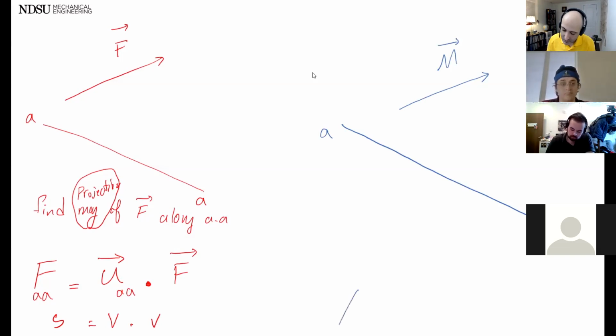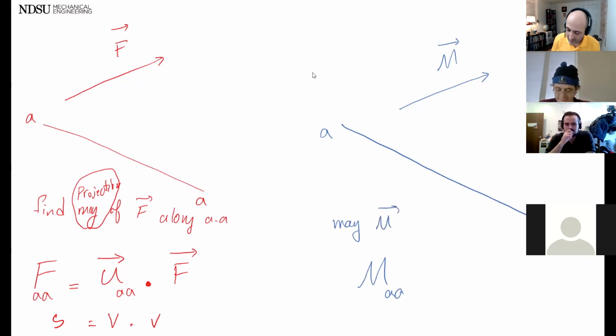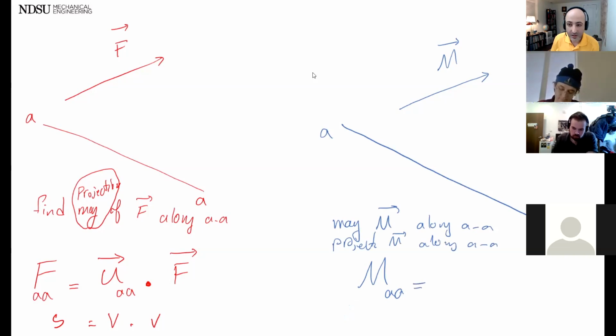So the magnitude of this moment along AA, or projection of M along AA, M_AA, which is a scalar, is going to be the unit vector of AA dot M. That's it.